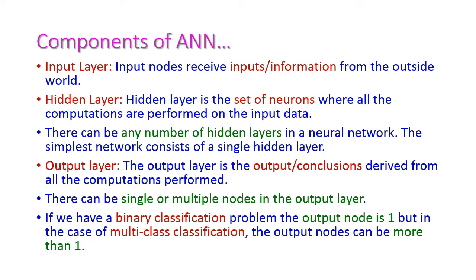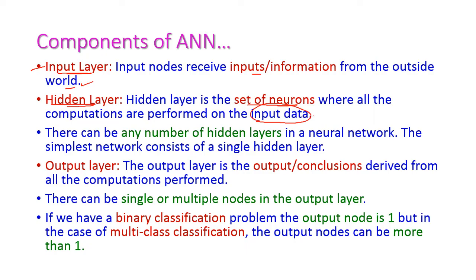And now let us see all the layers in detail. The first one is the input layer, which accepts the input or information from the outside world. In the input layer we have many nodes. And the second layer is the hidden layer, and in the hidden layer we have a set of neurons where all the computations will be performed on the input data.